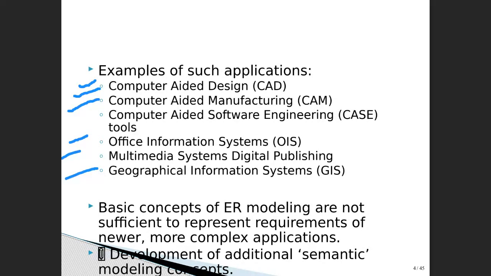All these are complex systems, and it's not enough to have just an ER model to represent all the information and requirements of these complex systems.